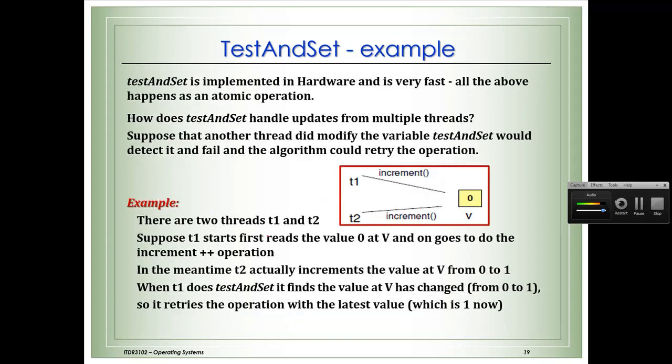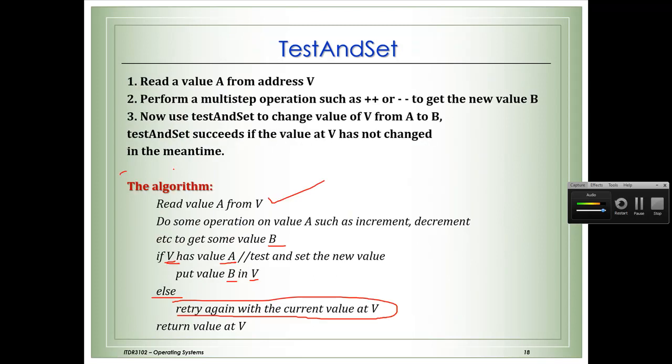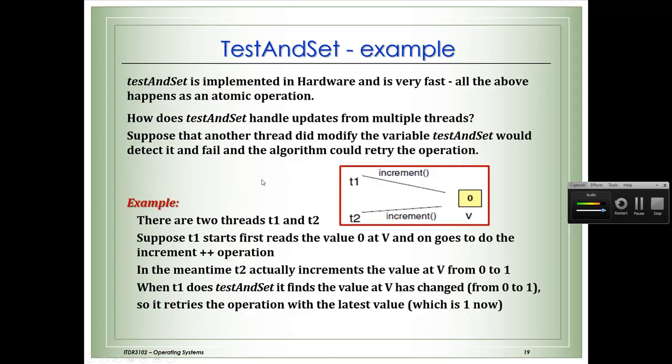So the same thing is explained here. You can just try to understand this algorithm. This is enough. Actually, if you want to gain more knowledge in this, you can explore the AtomicInteger class in Java, which uses these hardware level synchronization algorithms.